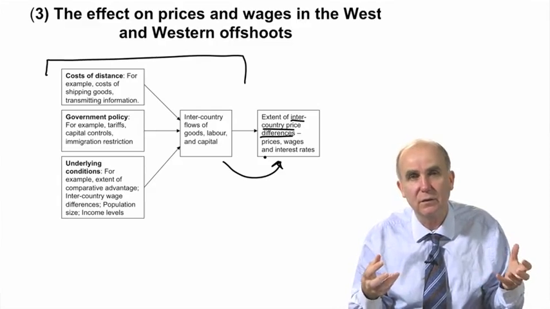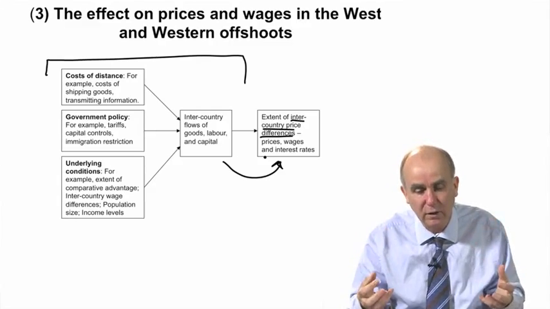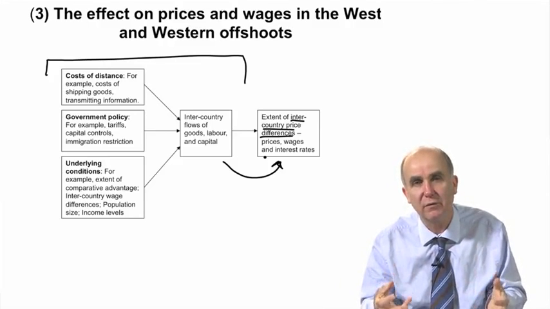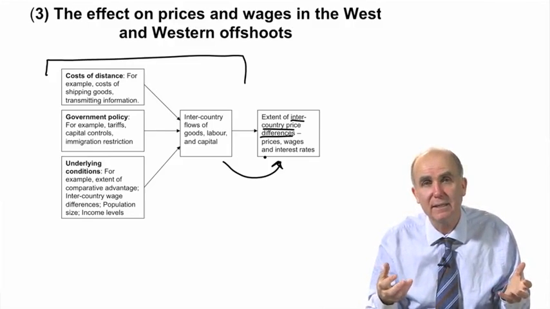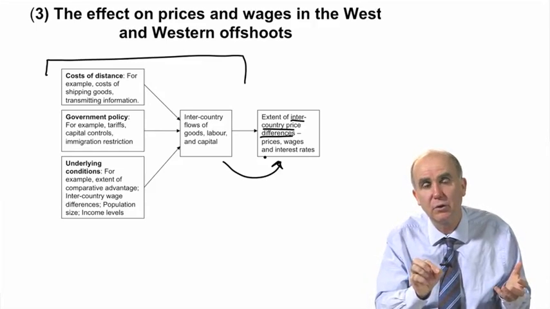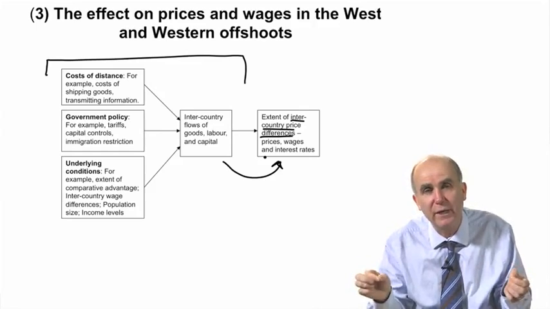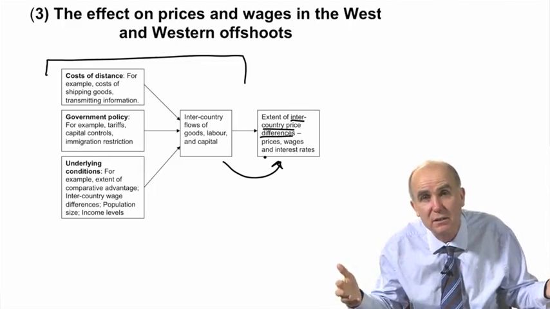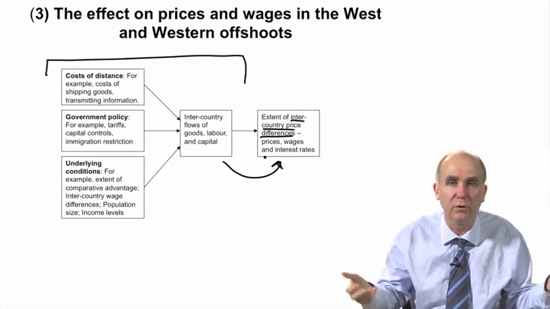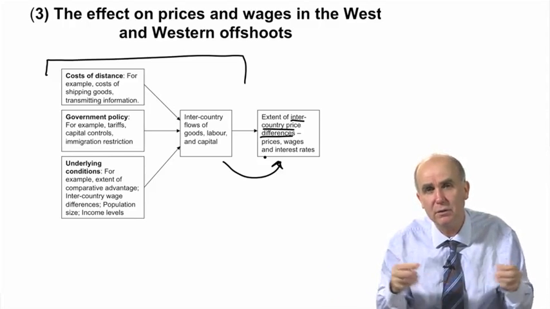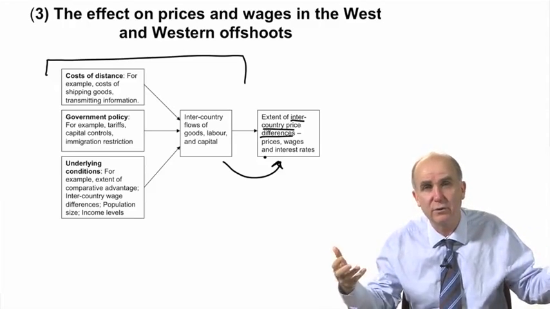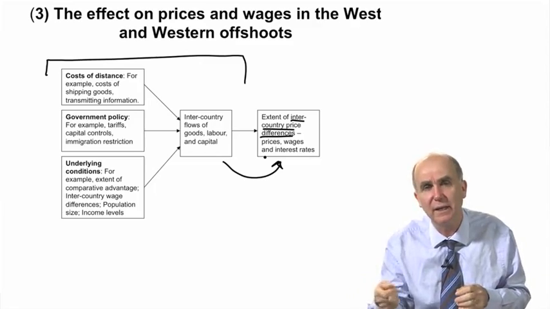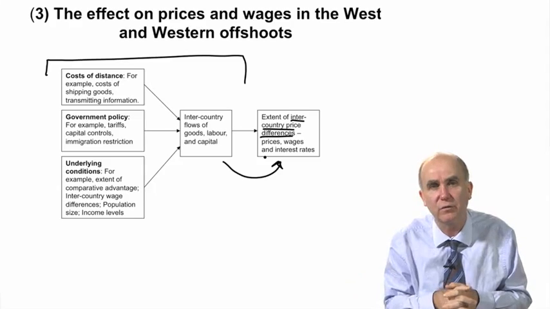So first of all, if we think of the effect of this growth in connectedness on inter-country price differences, basically what we would expect is that decreases in the cost of transport should reduce the price differential at which, for example, grain sells in America versus Europe, decreases the difference in wages between, for example, Europe and a country like Australia, and also decreases the interest rate differentials, or the differential on the return on financial instruments and assets between different countries, because of the improvement in information dissemination about what's happening in different financial markets.